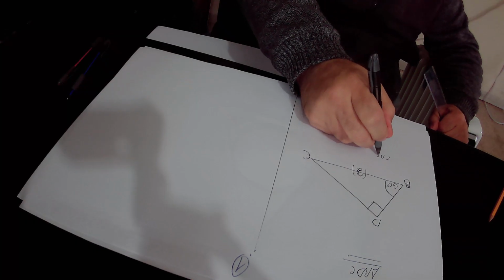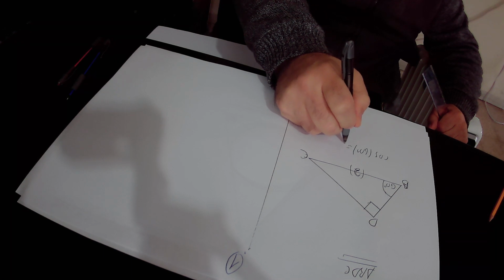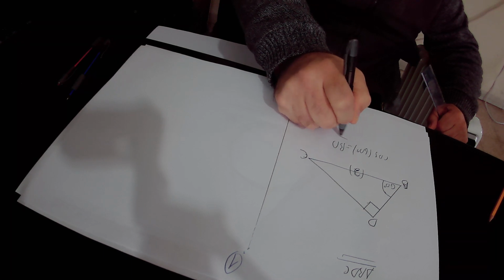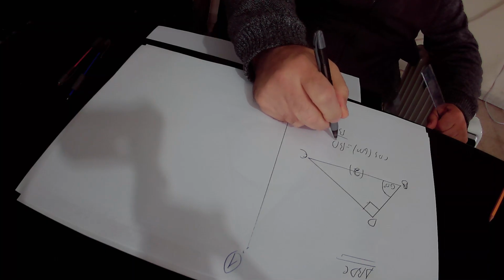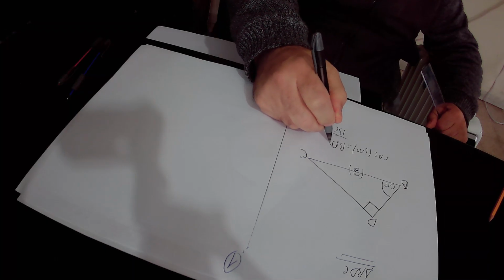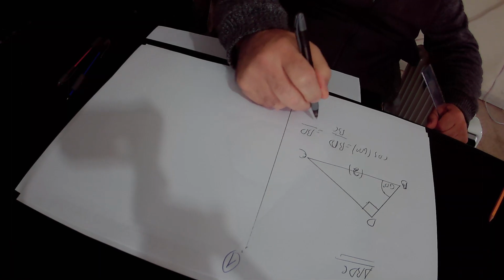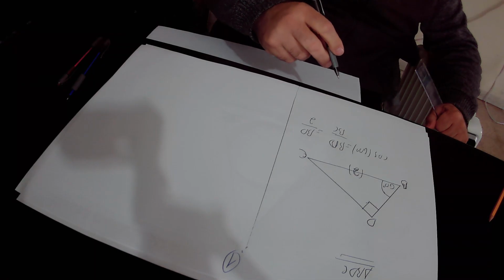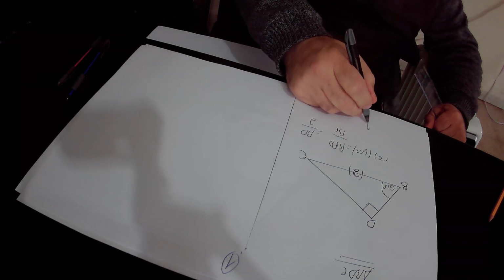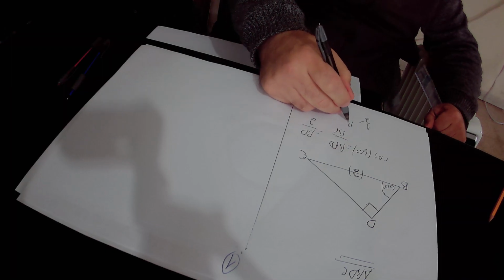In this triangle BDC, cosine 60 degrees equals BD over BC. BC is 2. Cosine 60 degrees is 1/2. So 1/2 equals BD over 2.